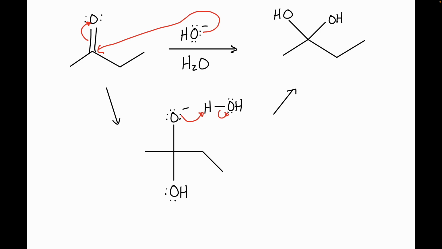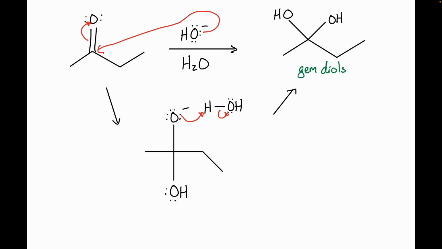So we have this product here with these two hydroxyl groups on that same carbon. These are what are called gem diols. They are always forming in solution, in any aqueous solution actually.